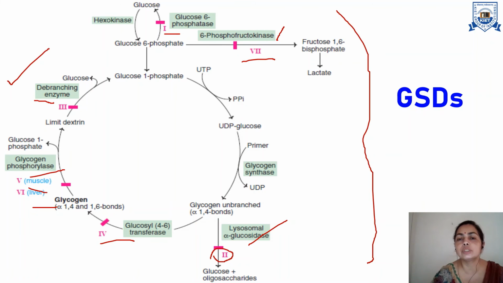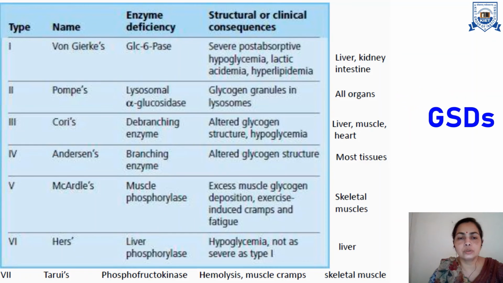The deficiency of this enzyme leads to type 7 of GSD, or glycogen storage disorder. In this table we could see a summary of all the glycogen storage disorders.